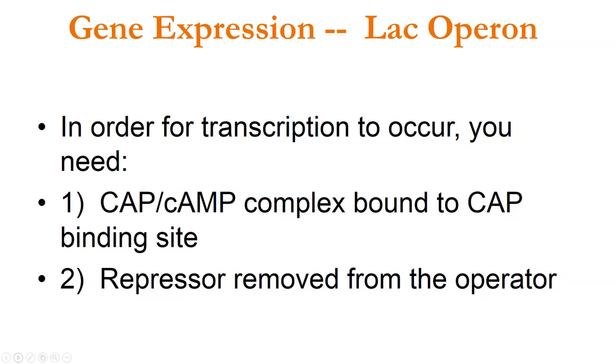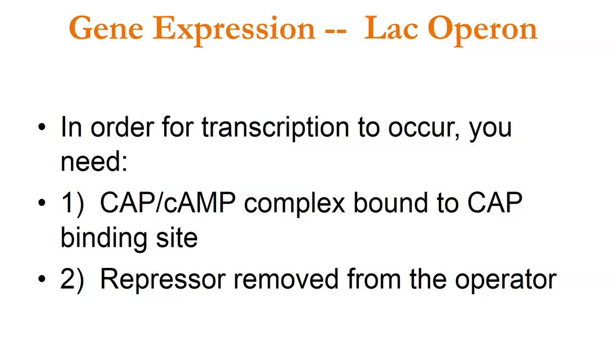In order for transcription to occur, in order to produce these genes involved in lactose metabolism, two things have to happen. Before we even look at the molecular details, I told you two general things: glucose has to be absent, and lactose has to be there. Those two things, the absence of glucose and the presence of lactose, are the two different molecular pathways that contribute to whether or not the LAC operon is turned on.